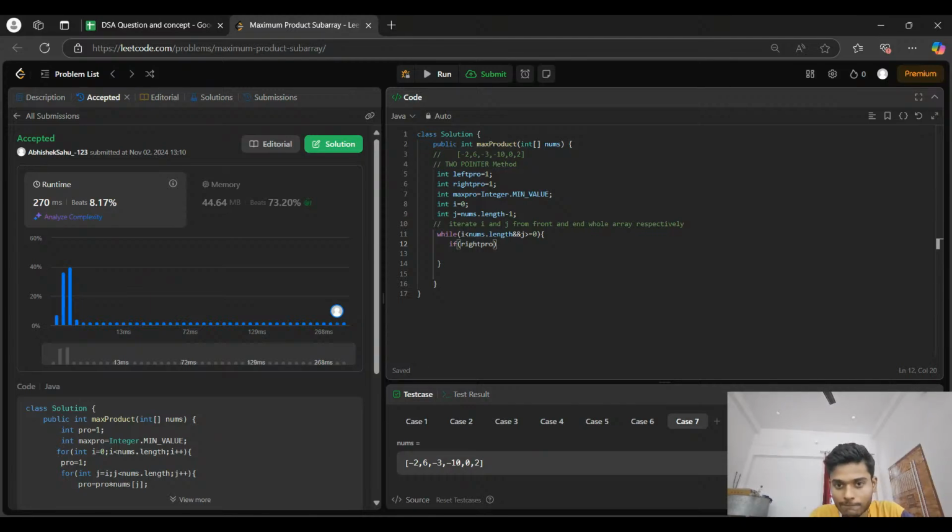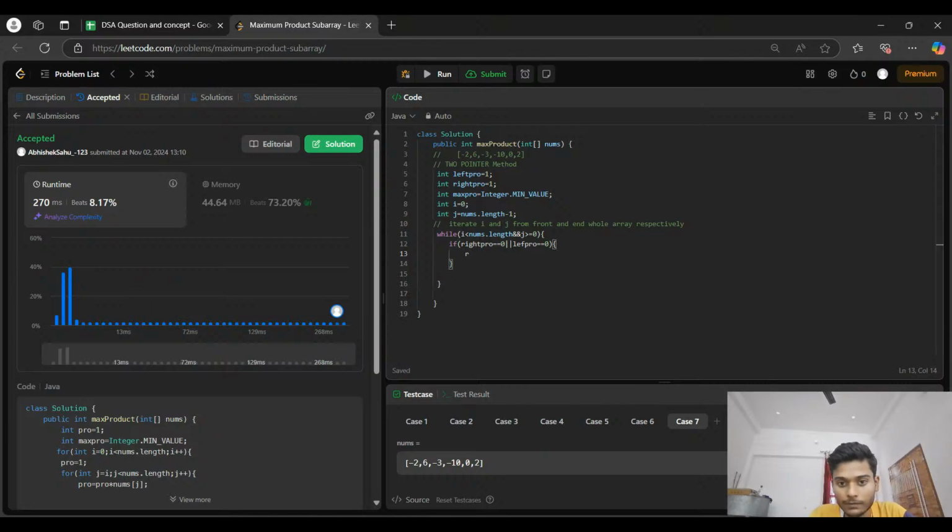If right pro is equal to 0, then left pro equal to 0, then 0.